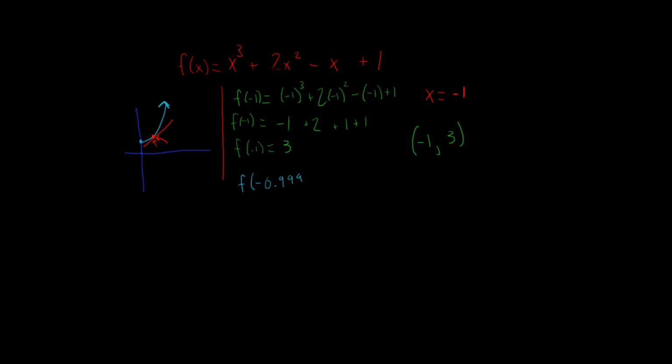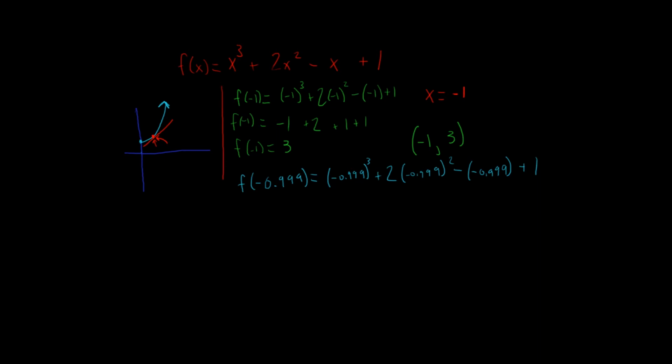So what is the y value when x is negative 0.999? It's negative 0.999 cubed plus 2 times negative 0.999 squared minus negative 0.999 plus 1.